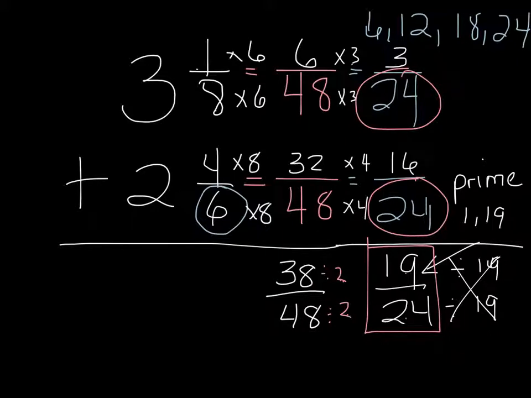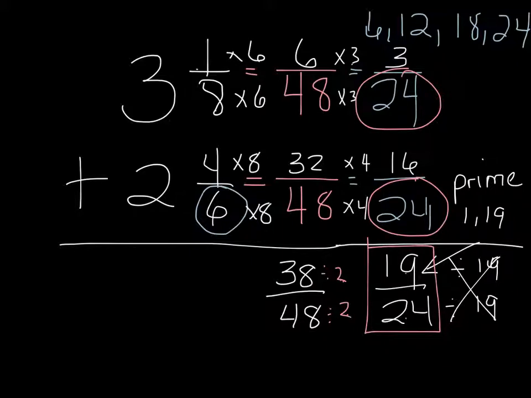So what you see happening is, if you're just going to multiply the two denominators to find a common denominator, it will work, but it may not save you some work. You may end up having to simplify, and you may have large numbers in your numerator and denominator, and you may have to simplify more than one time.